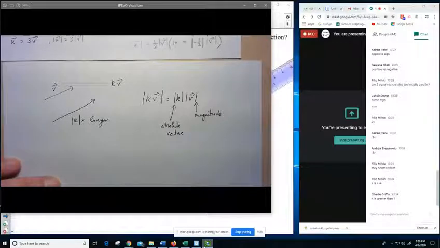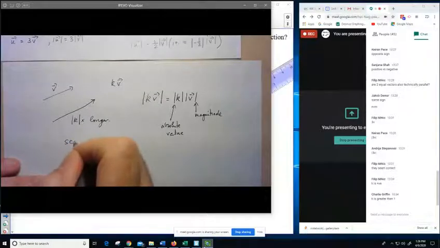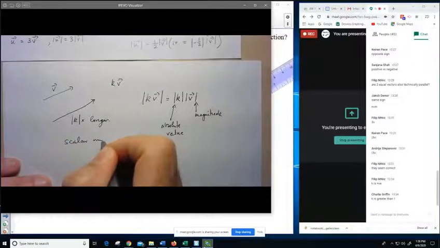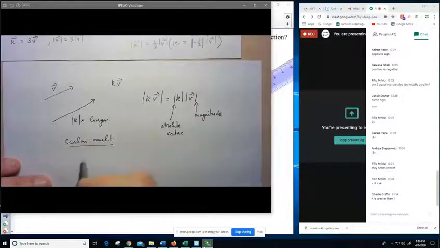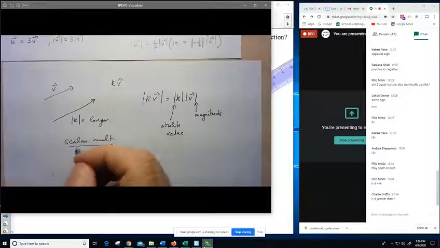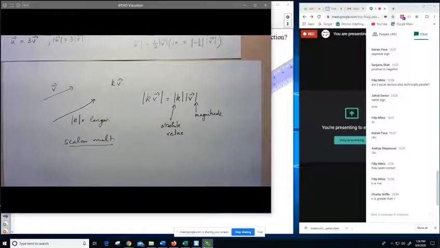Okay? So what we've just defined now is this operation called scalar multiplication. And the word that's very important here is this word operation. Because this now opens up a whole door.